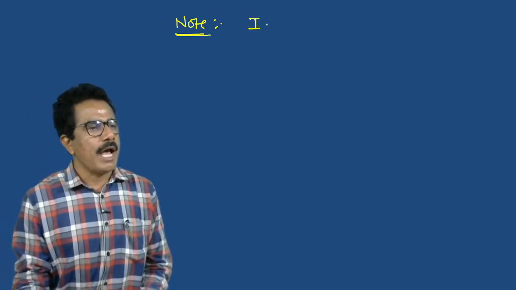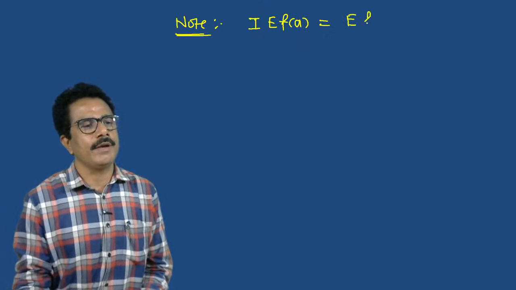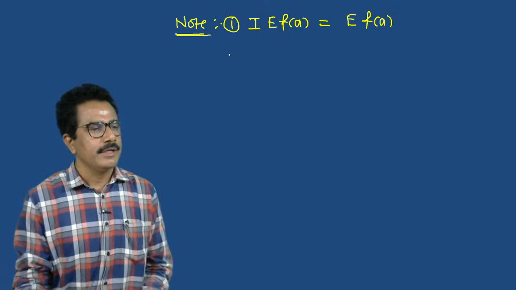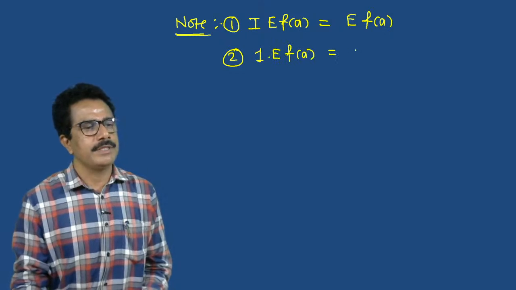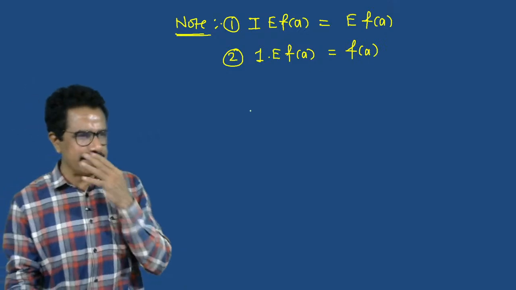So I of E of f of a gives E of f of a, because I is the identity operator, or we can write 1 into E of f of a which is equals to f of a, means put this function as it is.